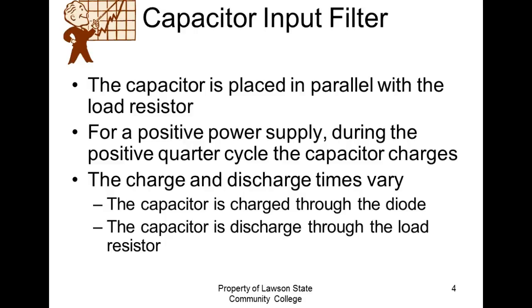For a positive power supply, during a half cycle, the capacitor charges, and this would be true for a negative power supply too. All we do to change from a positive supply to a negative supply on the half wave and the full wave center tap is change the orientation of the diodes, right?